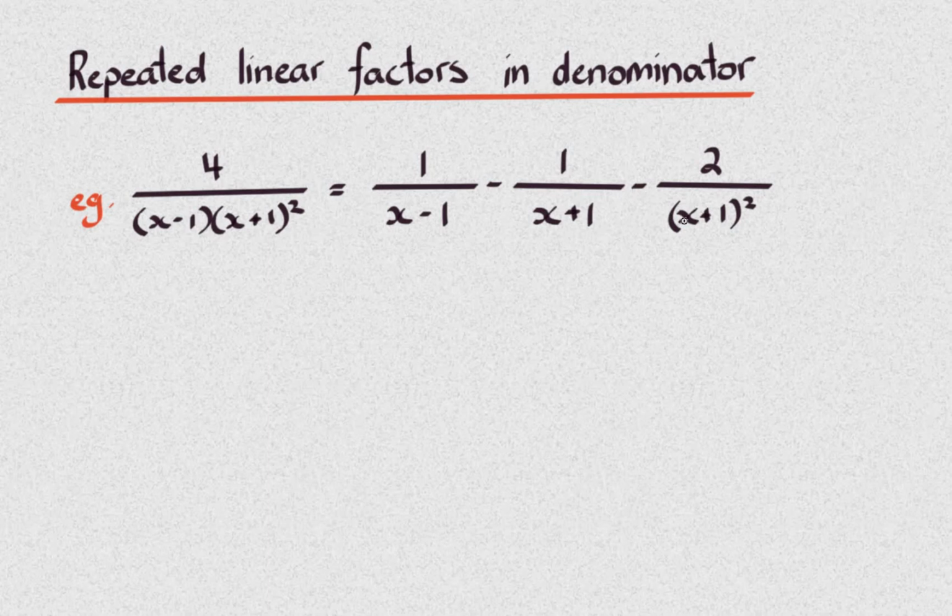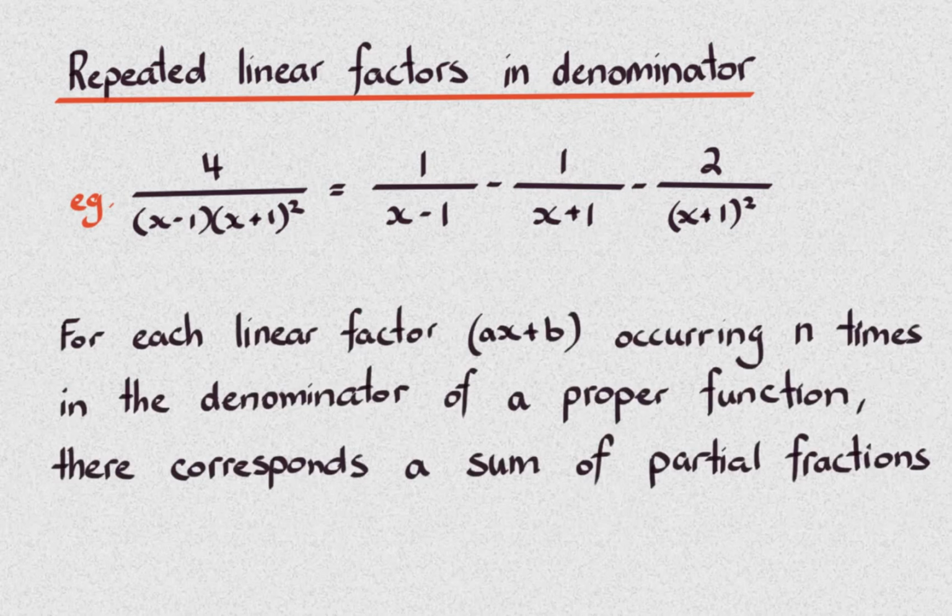And so we can take this idea and generalize it. For each linear factor, ax plus b, both of these are linear factors. For each linear factor occurring n times, so this linear factor occurred once, this factor occurred twice, if it occurs n times in the denominator of a proper function, then there corresponds a matching sum of partial fractions of this form.